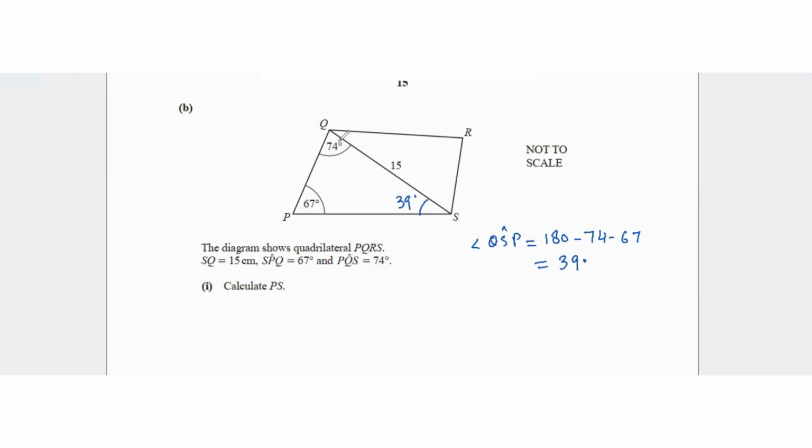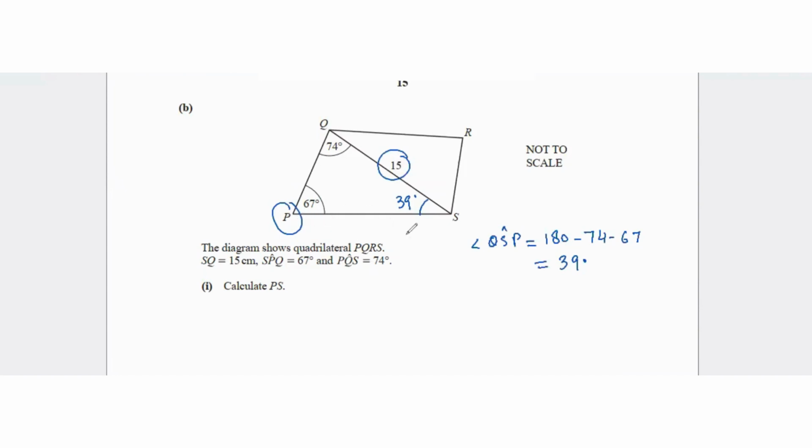And what we have is one length, which is QS. If you remember, the sine rule is applicable only when you have a complete pair of one length and its corresponding angle. Over here, this is the complete pair that we have, and we can easily use this pair to find PQ or PS, depending on what the question is asking us to do.